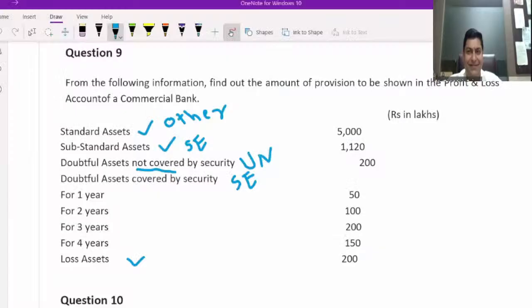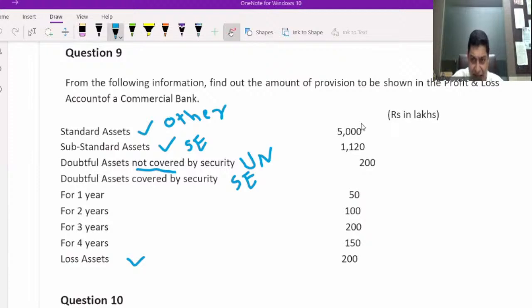Okay, guys, let's start with the percentage because there may be some small issue regarding the calculation part. We will write the percentage here. So guys, first of all, let me know, be fast. Let's start from here only, simple. Standard assets. First is 5,000 standard assets. So tell me guys, this is standard assets, we should assume as other.